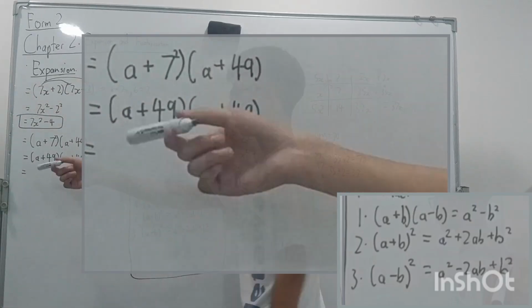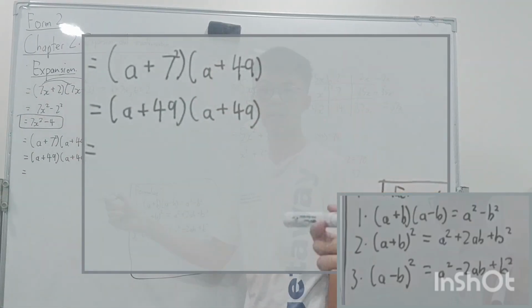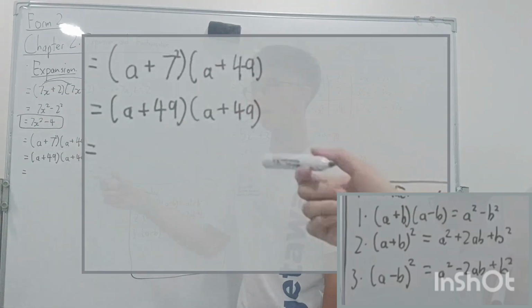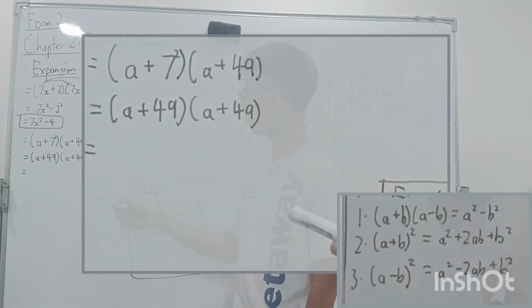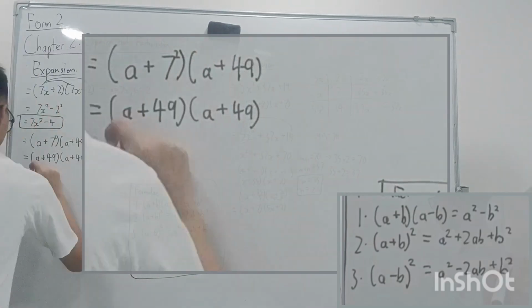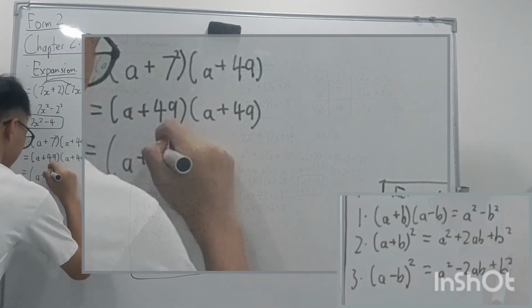So now we have a plus 49 bracket, a plus 49 bracket. These two are multiplying with each other, so it's going to be a plus 49 squared.